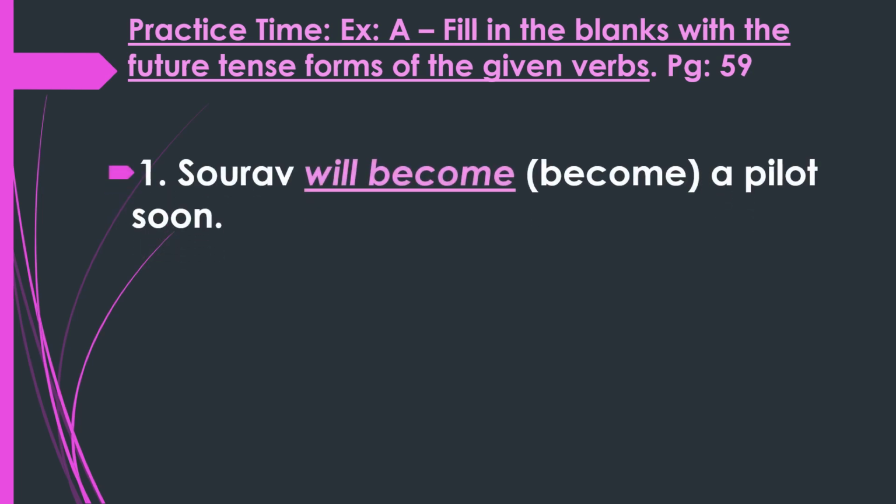The first one is Saurav dash a pilot soon. Here the verb given to us in the bracket is become. So we are going to add will before the verb and make the sentence in future tense. So the sentence becomes Saurav will become a pilot soon.